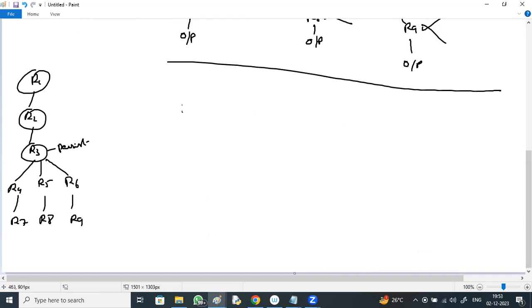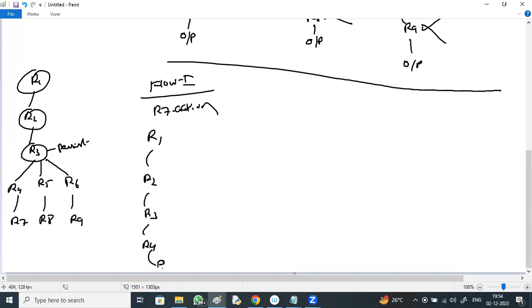When it is persisted, whenever you run the first flow, once you say R7.action, the first flow is R1, R2, R3, R4. You need to understand clearly when an RDD is going to get persisted.